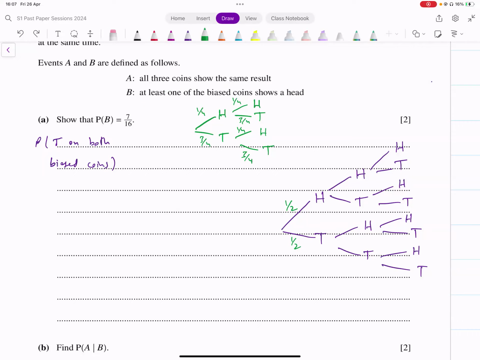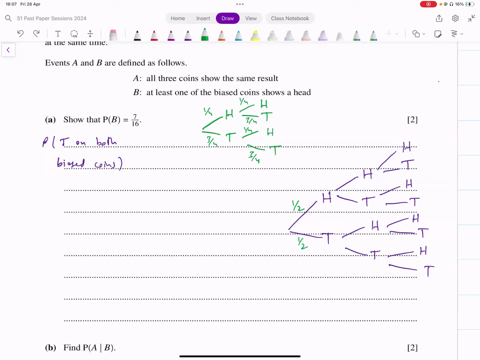One of them needs to have a head. What we can do is we can find the probability of both being tails. What would that be? That will be 3 out of 4 into 3 out of 4. What's that? That's 9 out of 16.